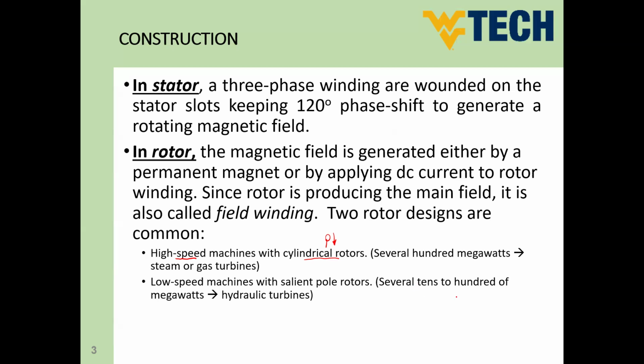So starting, let's say, at 10, 20 megavolt ampere, but not like a few hundreds of megavolt ampere like in large synchronous machines used with steam and gas turbines. And again, guys, you can find this in hydraulic turbines or wind turbines. So these are the ranges of generators used with hydraulic or wind turbine generators.